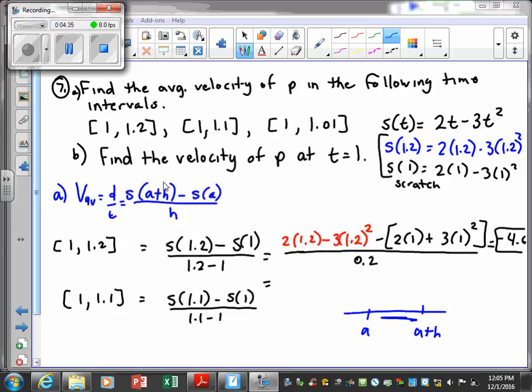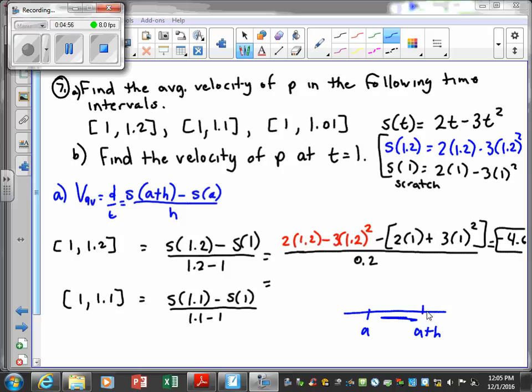Okay, I had a good question. They asked, will this second number in the interval always be our a plus h value? And when we look at it like this, the value of our average velocity is the distance over the time. This is distance with respect to our position function, and if this is a, this is just a plus h, some value of a with h added.